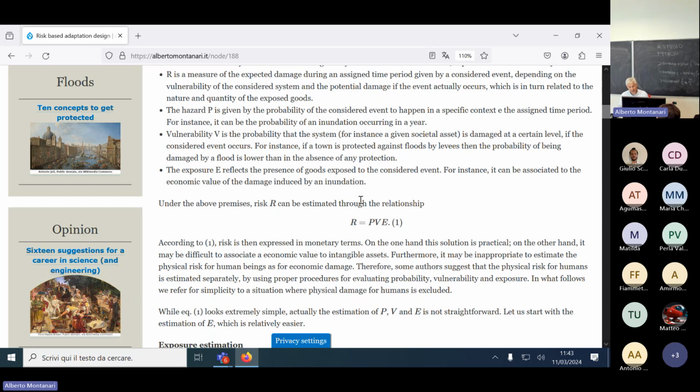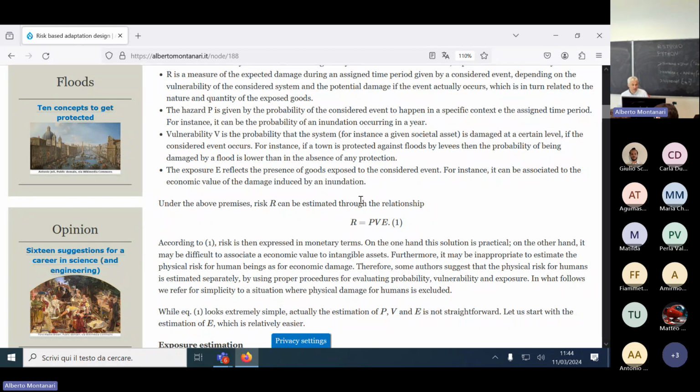And the vulnerability also depends on the probability. Sometimes we get protected against ordinary floods, but we don't get protected against the flood that may occur once in 1,000 years on average. Very low frequency, very low probability. We don't get protected because it's not convenient, and the guidelines don't tell us to get protected.